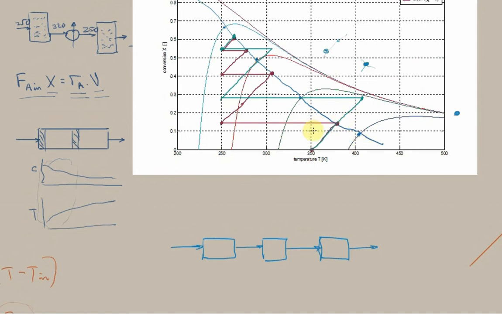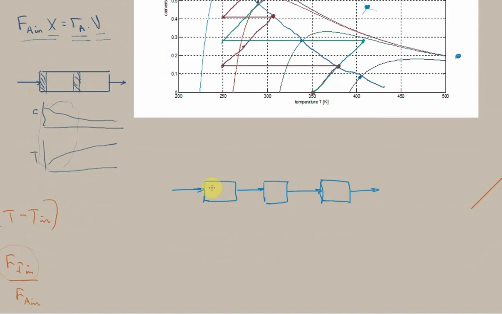So we would tend to gravitate back to this instead of progressing along in this direction. We'll see from the mass balance that we tend to cool back to this region where the reaction rate is higher than out here. So if we can do that, it looks like we can achieve even higher reaction rates.